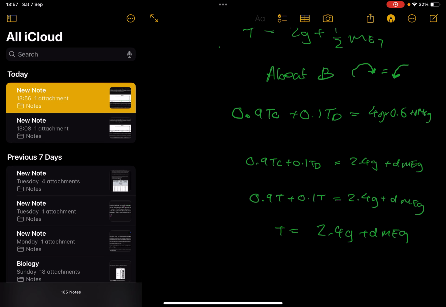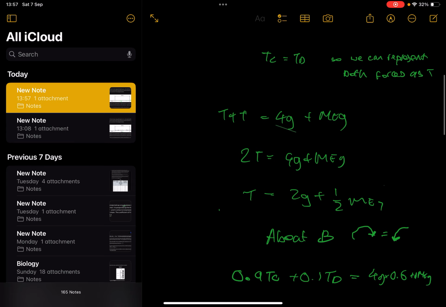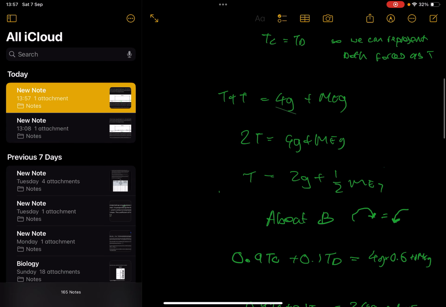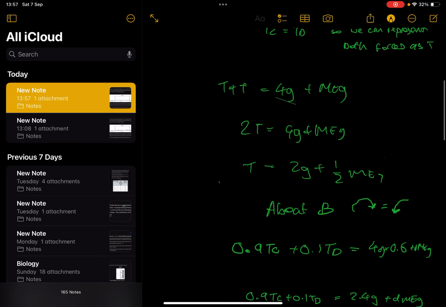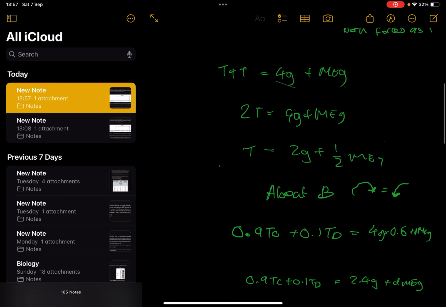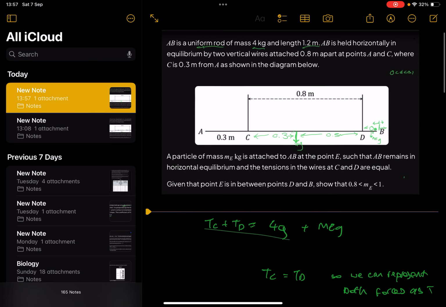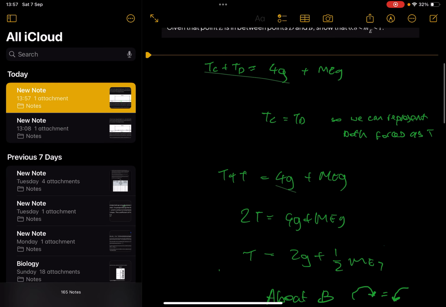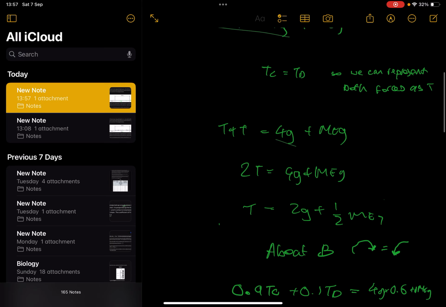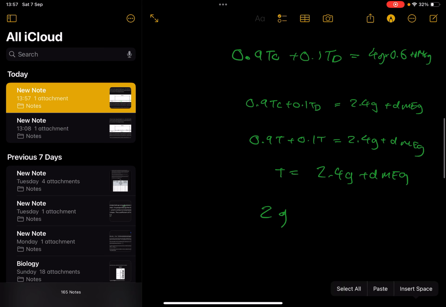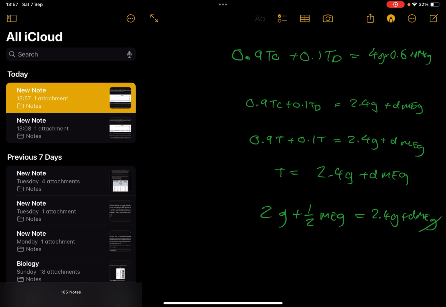And since we know T already, we can make a simultaneous equation and substitute 2g plus half mg for the unknown value T. So 2g plus half mg equals 2.4g plus dmg. G is common to all the values, so we can cancel that out.